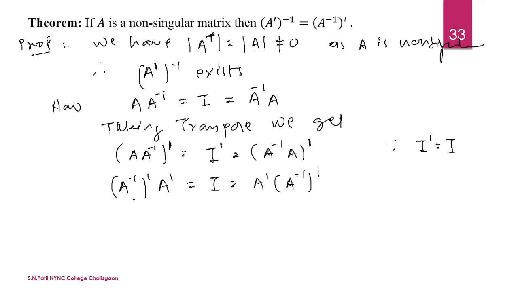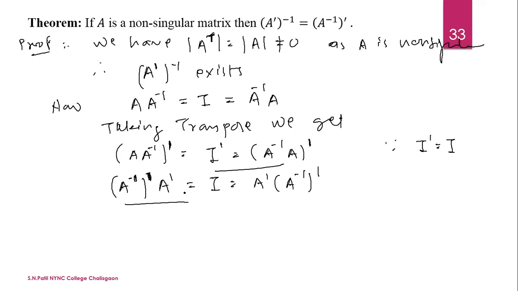Now consider this relation. If we consider the first relation, then we post multiply by A transpose inverse. Here this is the transpose side, this is the inverse.